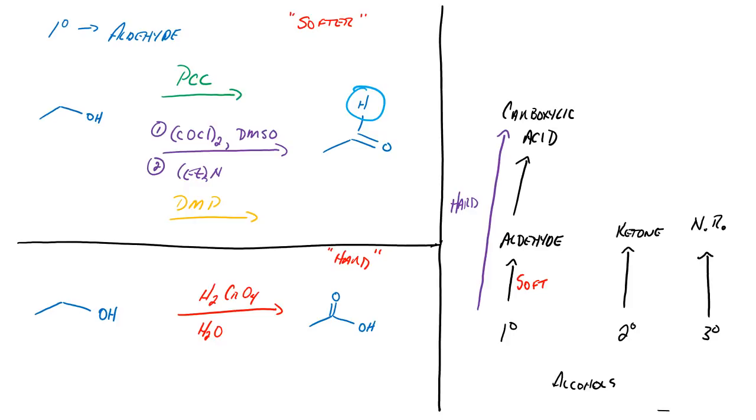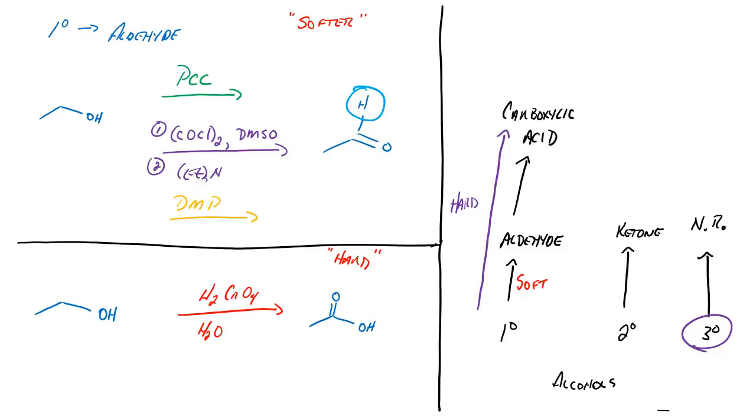So we have a level that we have to pay attention to here. The easiest one, if I have a tertiary alcohol, not going to do anything for us in this chapter. Tertiary alcohols will not react with any of our oxidations. Secondary is only going to go to ketone. We can pick whatever we want.